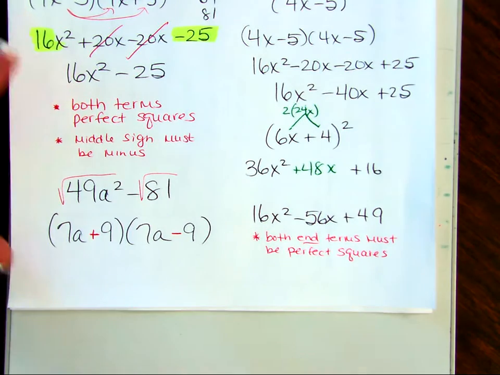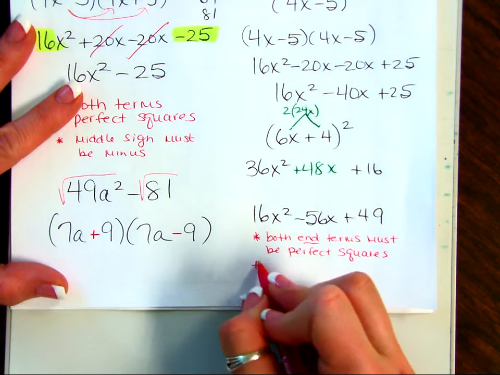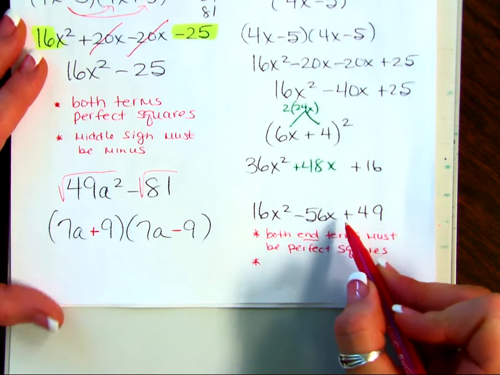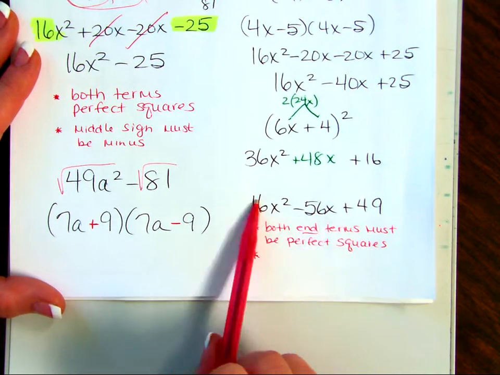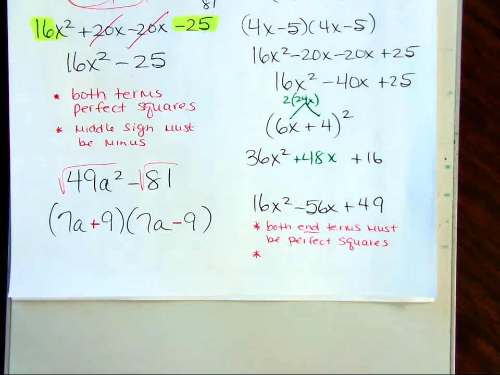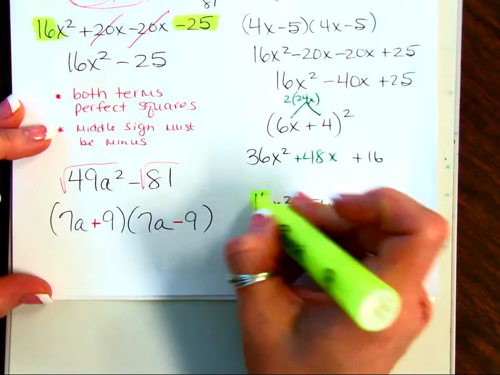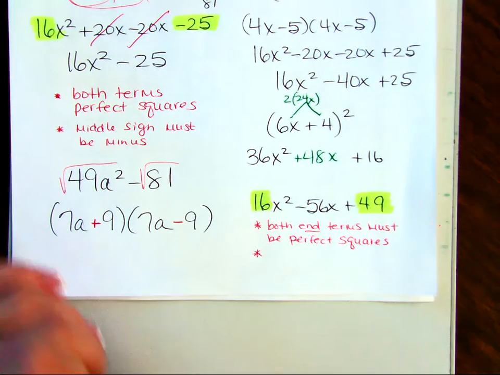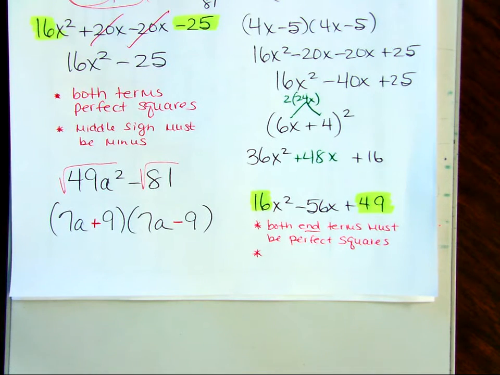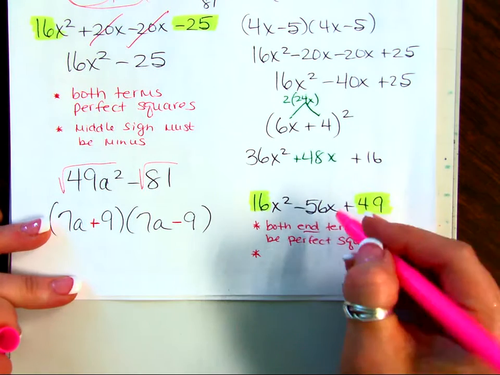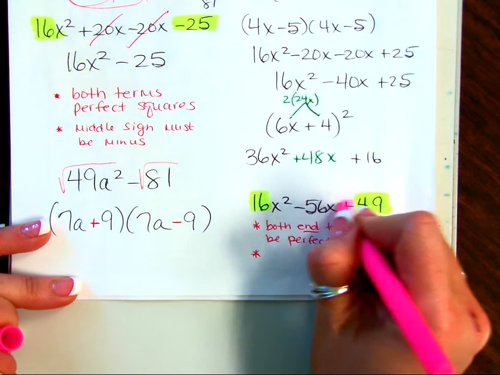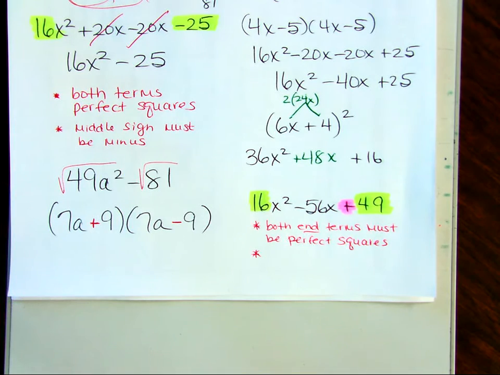Okay. What is the other must? So in addition to both end terms having to be perfect squares, the end sign must always be a positive.